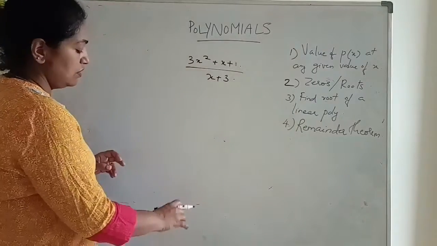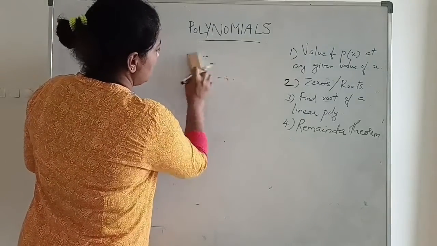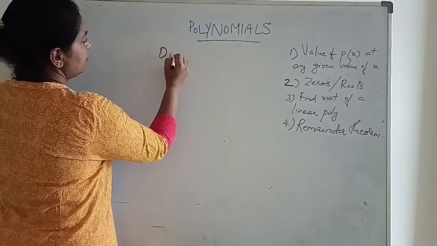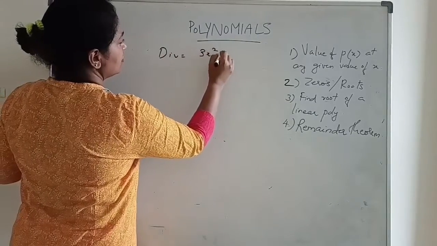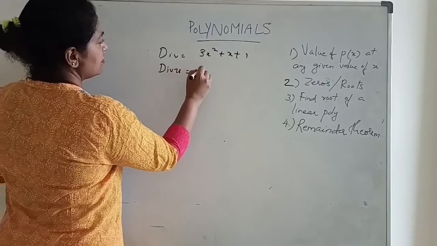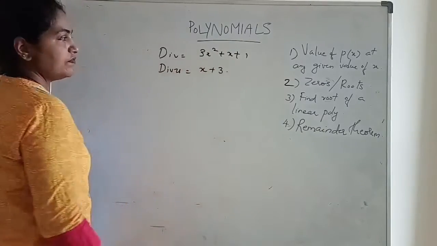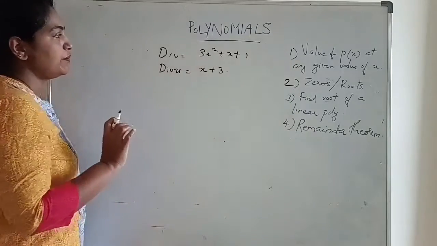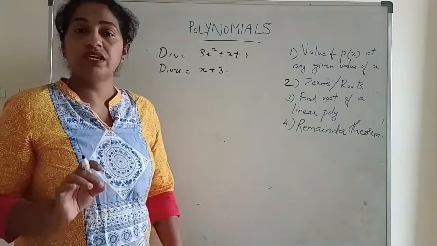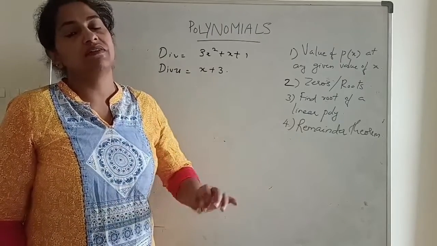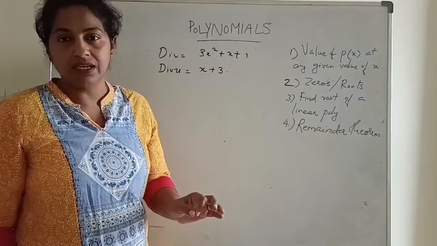Okay. Now 3x square plus x plus 1, my dividend is, my divisor is, let us say x plus 3. Okay. Now the first step before proceeding with the long division is, arrange the dividend and the divisor in terms of decreasing degree.